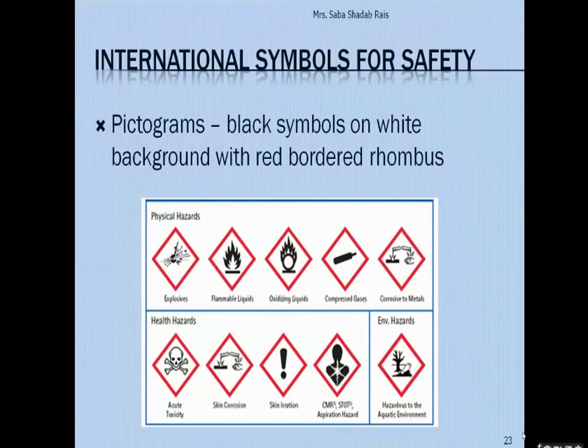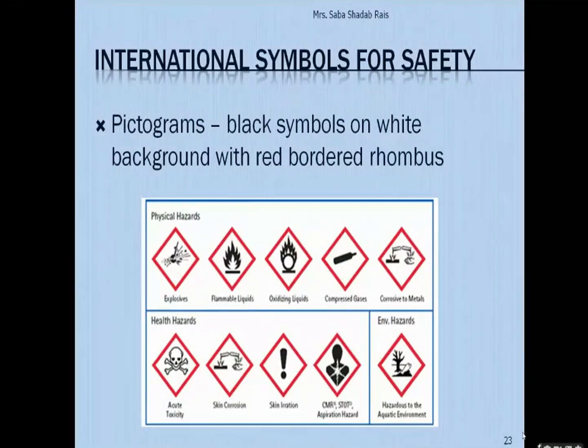The basic difference between the two is the change in the pattern of labeling. They made it standard and globalized. Instead of black printing on a yellow or orange rectangle, the international hazard pictograms are black symbols on a white background with a red-bordered rhombus. It is now compulsory to have the international hazard symbol, warning and precautionary phrases on the label of the container or bottle with the hazardous chemical.